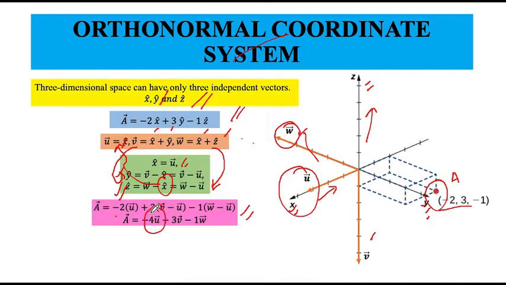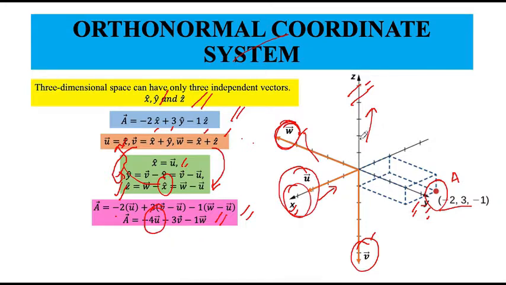The reason why this strange result happens is that when we look at the elements we used to construct A, which are u, v and w, what you find is that to construct w or v, you not only move in the direction of y and z, you also move in the direction of x. So A actually has 2 units along minus x, 3 units along y and minus 1 unit along z.